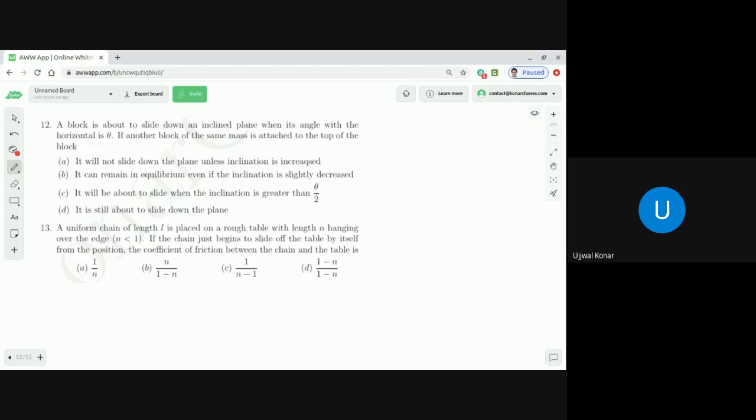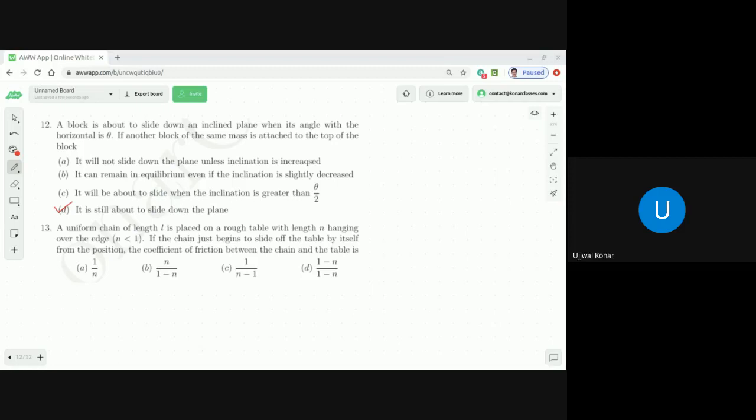Correct? And we get correct option as option D. Dear Pratik, is it fine? Yes, sir. Okay, now let's come to the next question, question number 13.